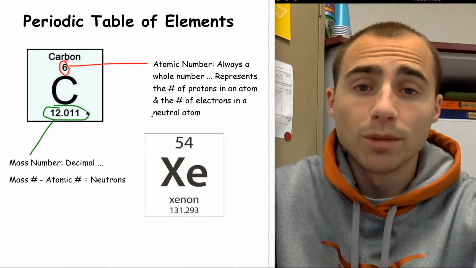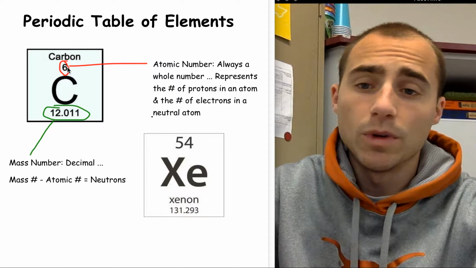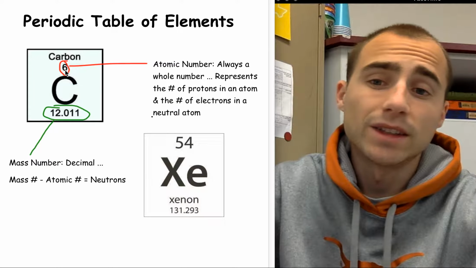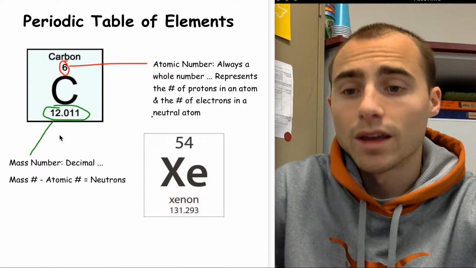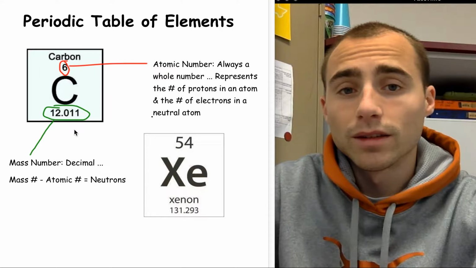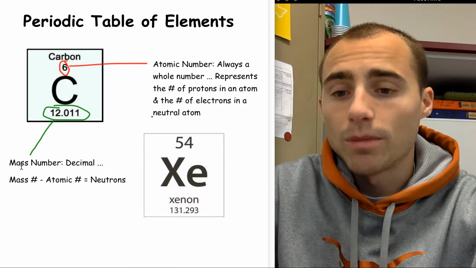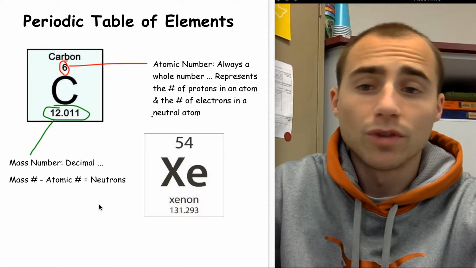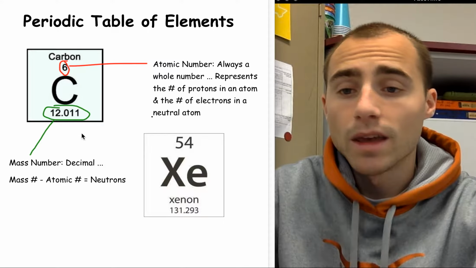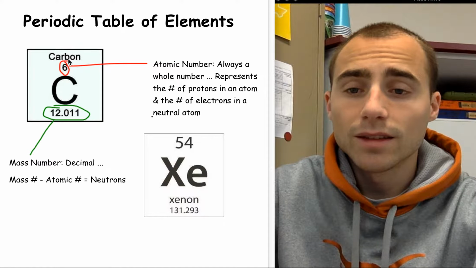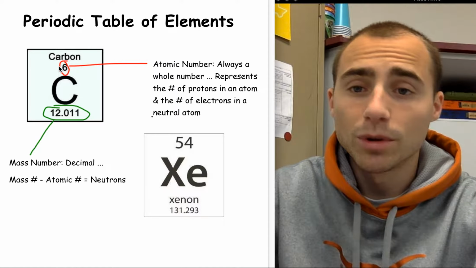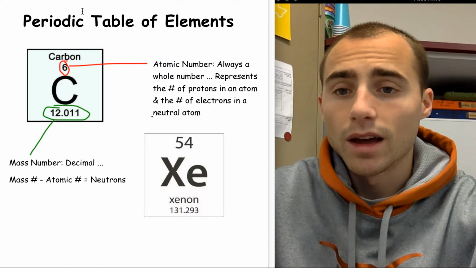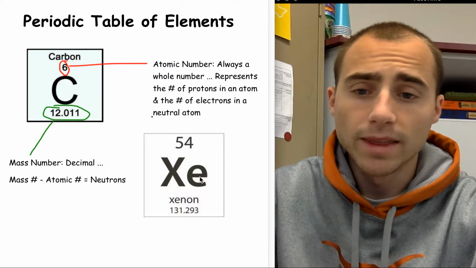So if we want to know the number of protons or electrons, we look right here at the atomic number, the whole number, and that tells us, hey, carbon has 6 protons and 6 electrons. If we want to know how many neutrons an atom has, we have to do the mass number minus the atomic number. So in this situation, it's actually the same because we do 12 minus 6, and that gives us 6. So carbon would have 6 protons, 6 electrons, and 6 neutrons. So that is carbon right there.